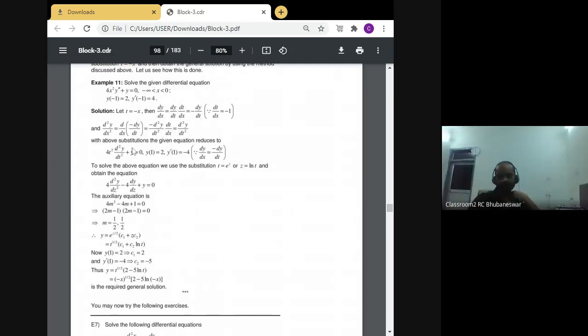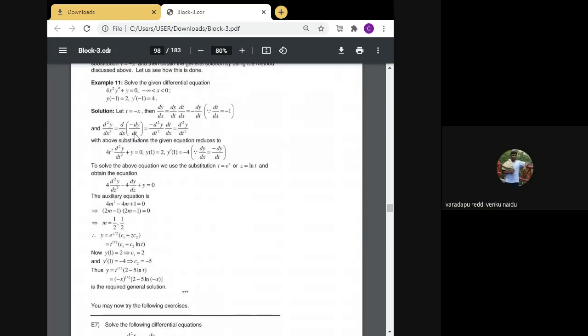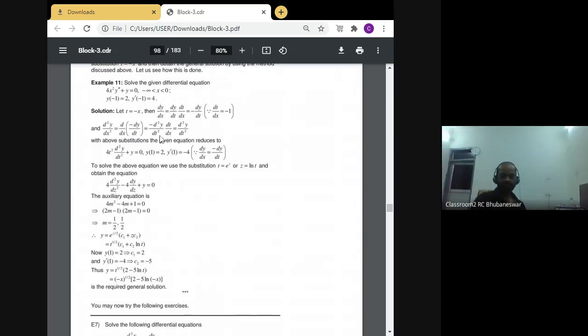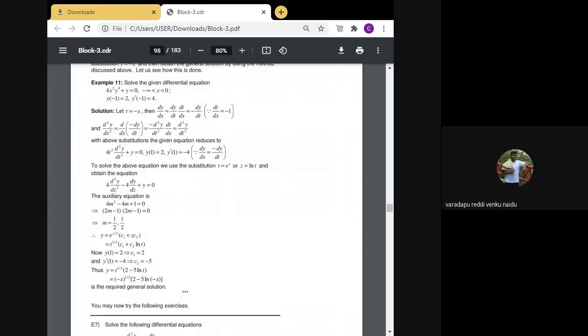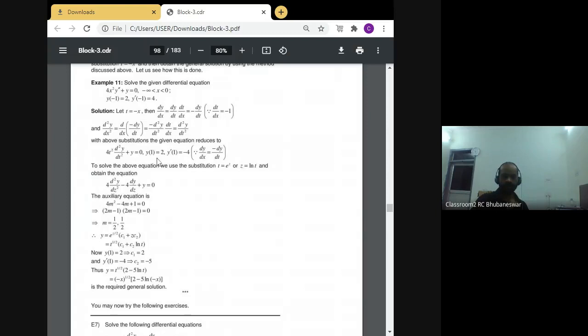Similarly, we use the second order derivative of y with respect to x, and again use the chain rule to find a relation in terms of t. So here it will be d square y by dt square, as you can see. Now these values of dy by dx and d square y by dx square will be substituted in the differential equation along with the conditions. After substituting, look at the differential equation.